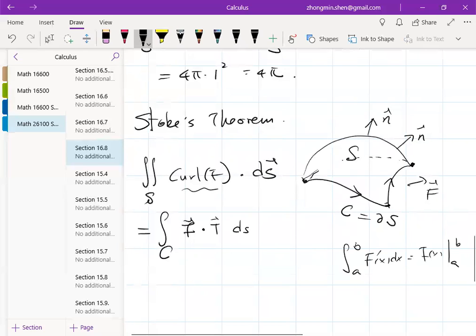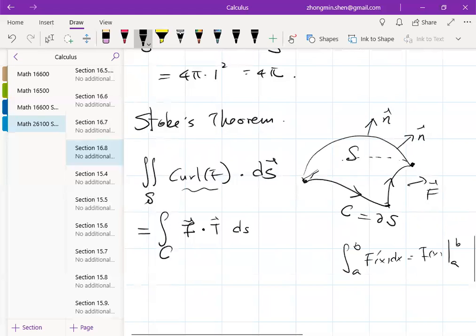It must be a derivative of F, which in Stokes' theorem should be the curl of the vector field. Then you can simplify the integral. I'm just trying to do a comparison.